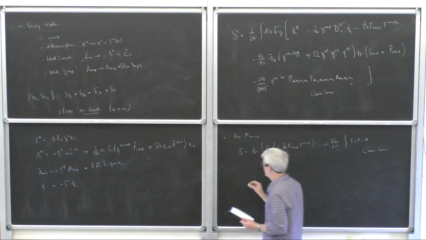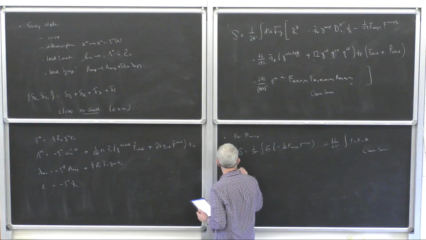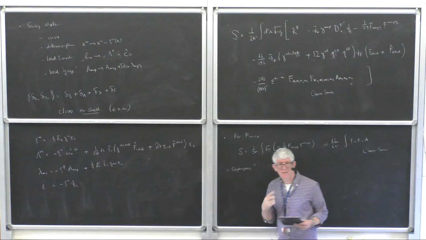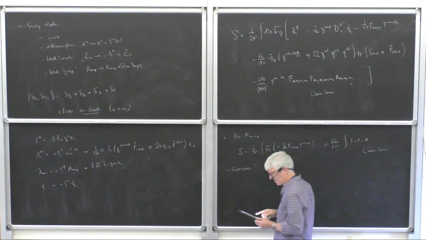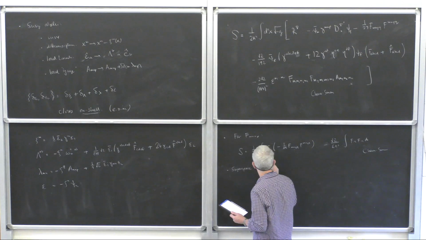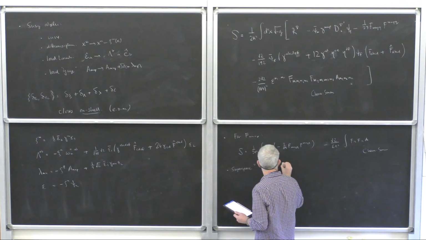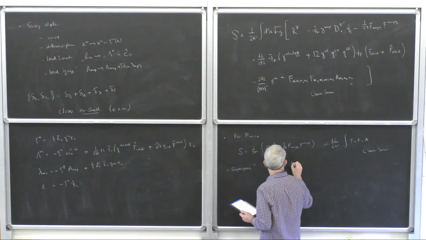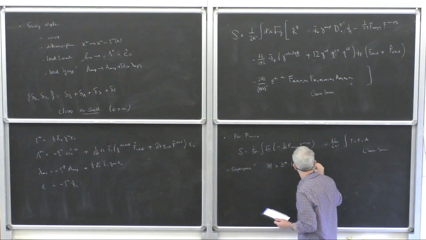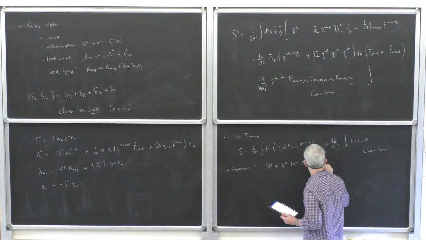So you might ask here about superspace. What if we did the same thing that we did in the 4-dimensional case? Now we've got some manifold which is going to have coordinates Z^M, which are x^m, theta^mu, and now mu is running from 1 to 32, right?